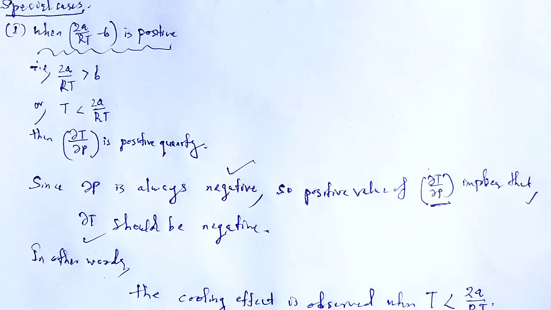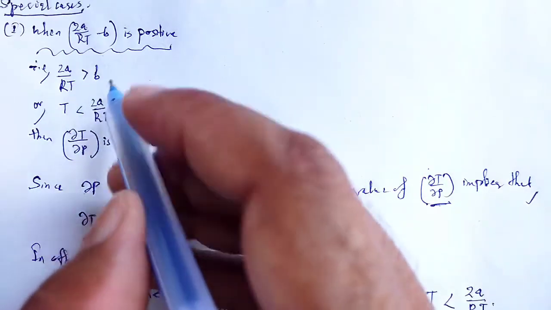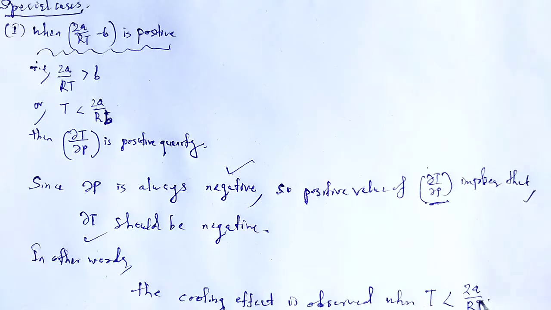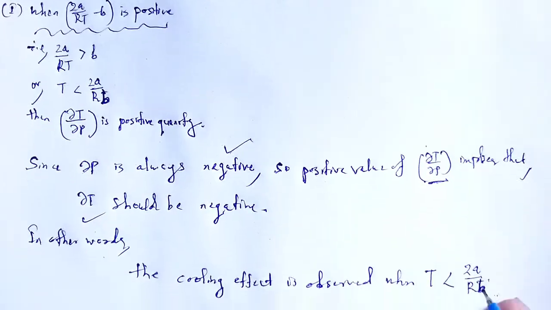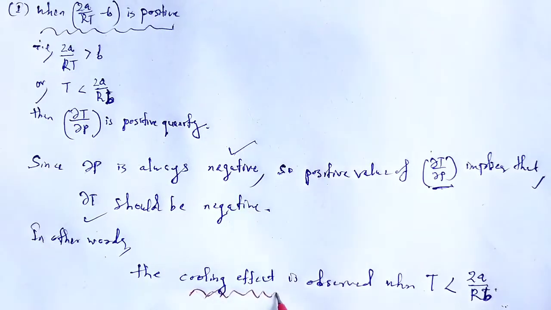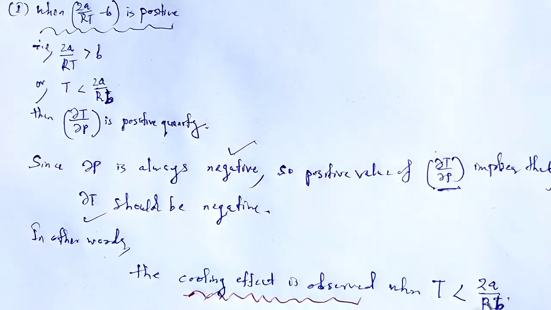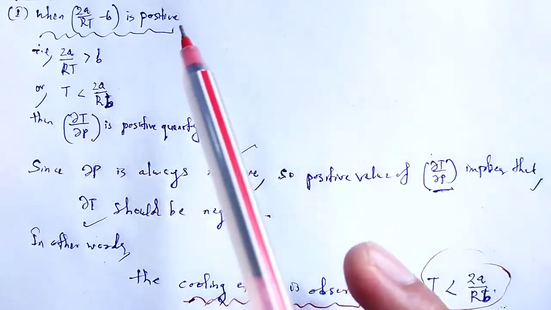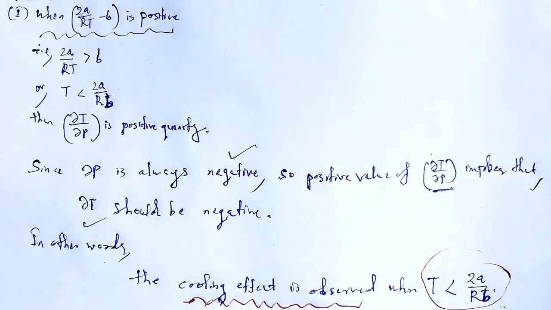So, 2a by RB here, not RT, that is 2a by RB. Okay. So, the cooling effect is observed here, at that particular condition.